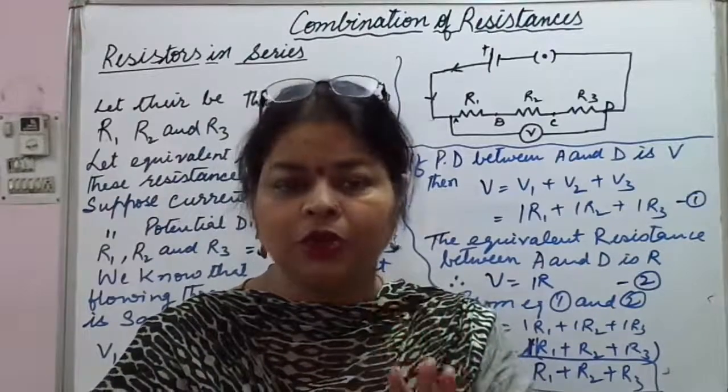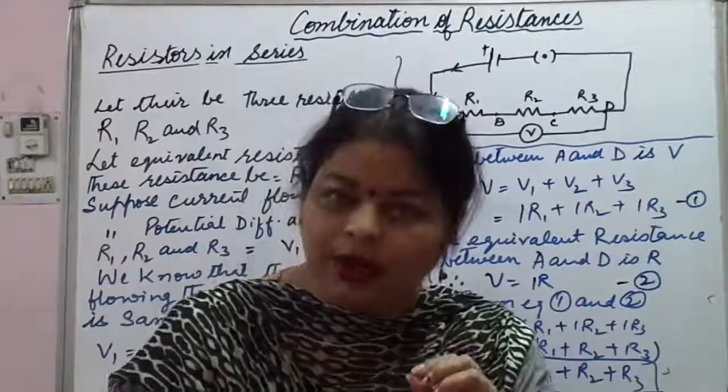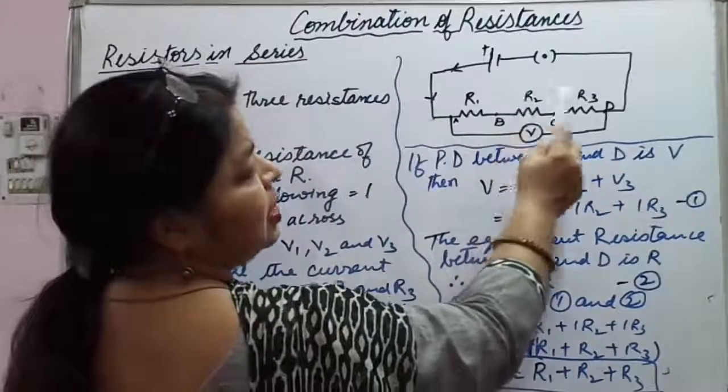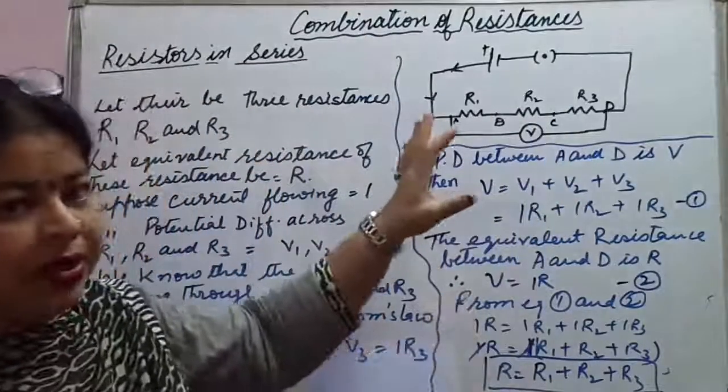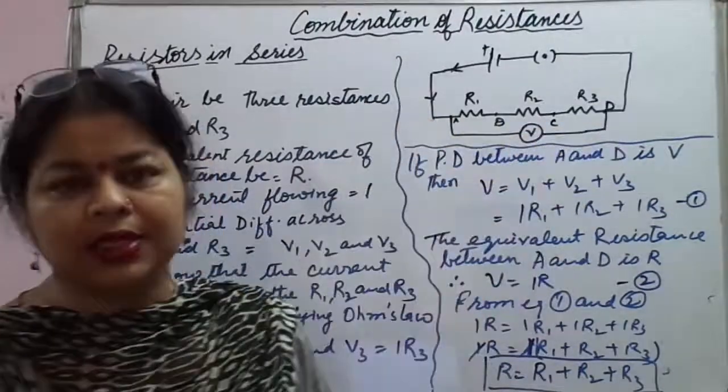Again, in a series the equivalent resistance R1 plus R2 plus R3 has to be more than the individual resistances.